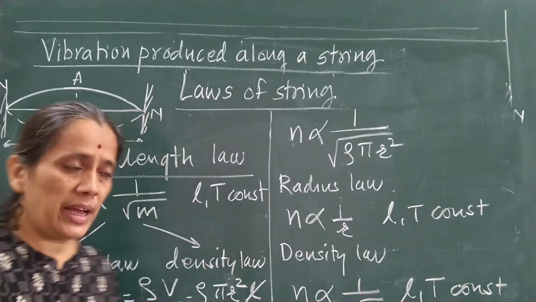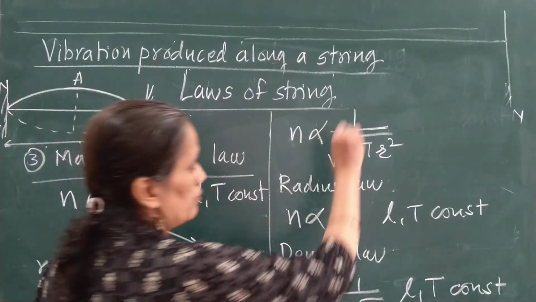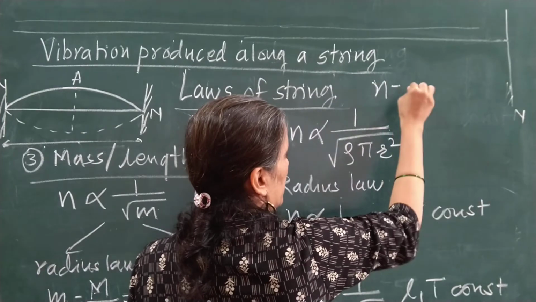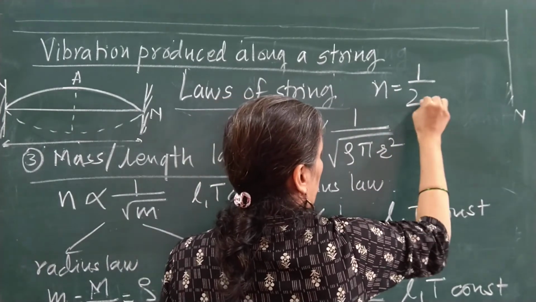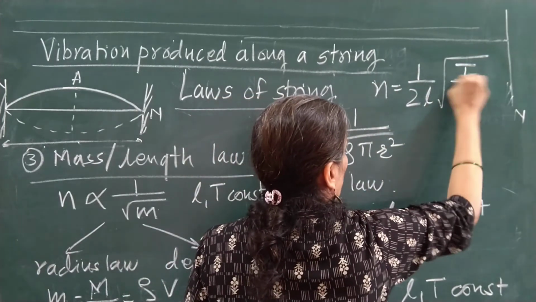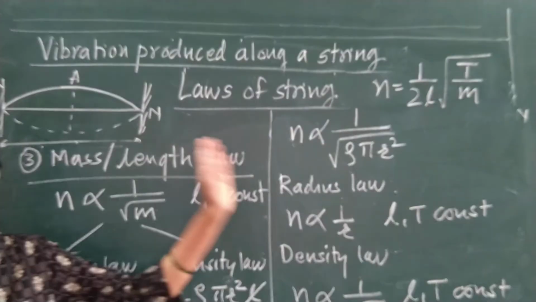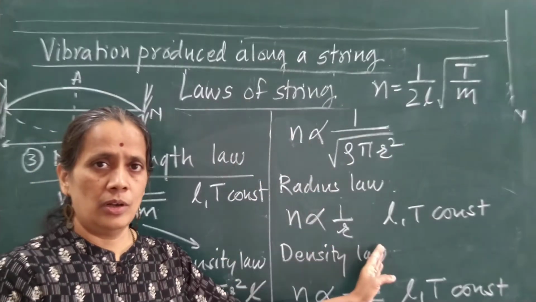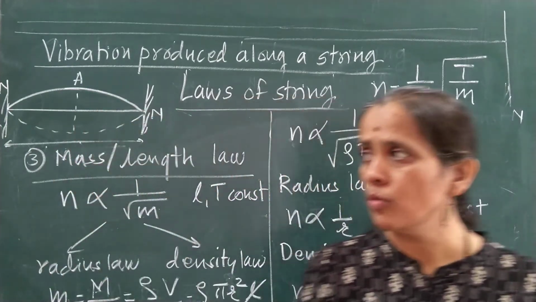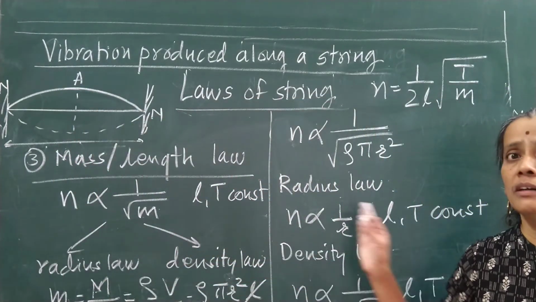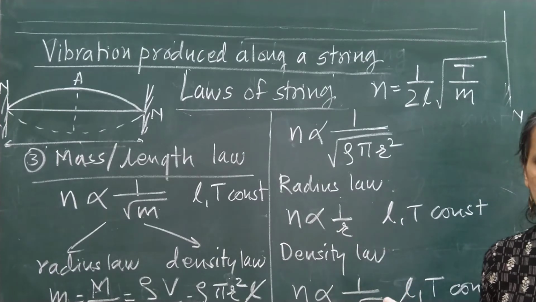So in that manner, from the fundamental frequency of a vibrating string, frequency is equal to 1 upon 2L under root of T by m. From this formula, I can derive these different laws. So depending on that, what is the question? State the laws of vibrating string.